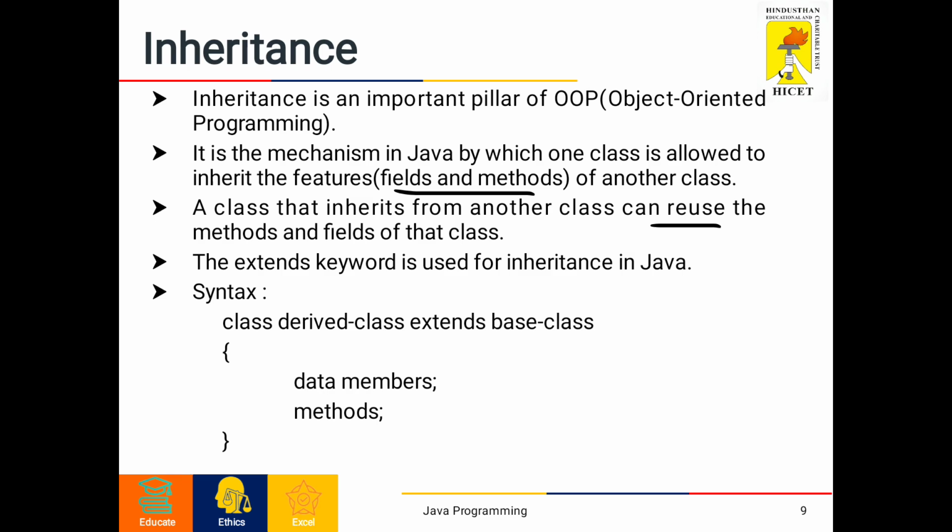I can make use of that method which is defined in the base class itself. That is one of the advantages of inheritance. The syntax for inheriting a class is the class keyword, the derived class name, the extends keyword, and the base class name. With the help of the extends keyword, we can inherit the properties from the base class.